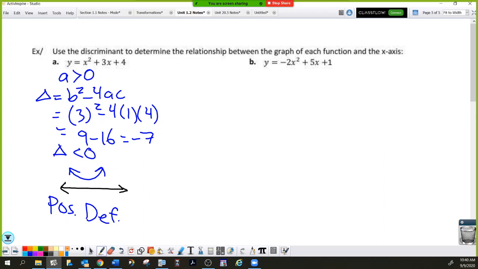I don't want to write all of those words. Well, you probably did discriminant stuff in previous classes, but the words positive definite and negative definite, I couldn't imagine. Like I said, I've never seen them in any American textbook.